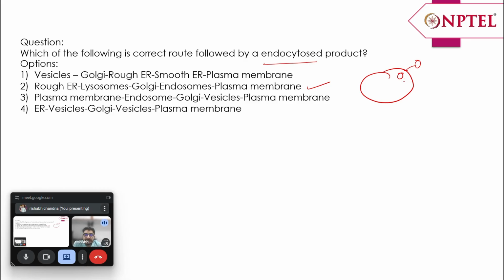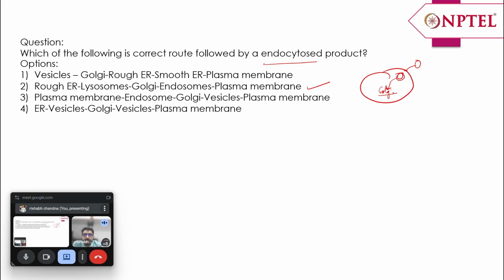The vesicle that is formed after the entry of one of the molecules inside the cell is called an endocytic vesicle. Now this moves first to the endosome, then it will move to the Golgi bodies.